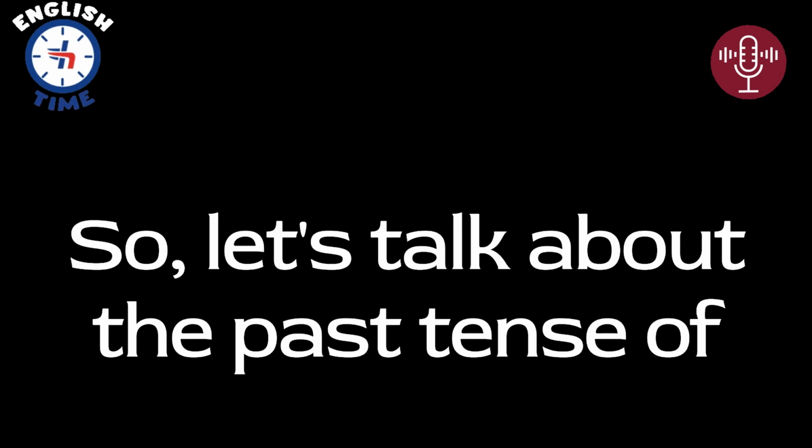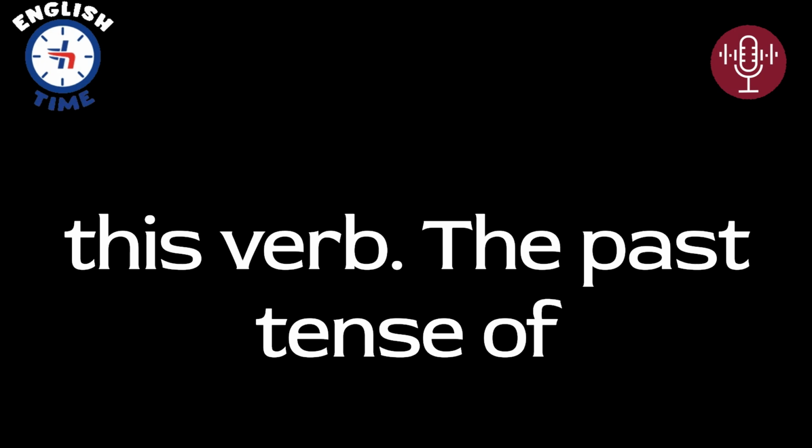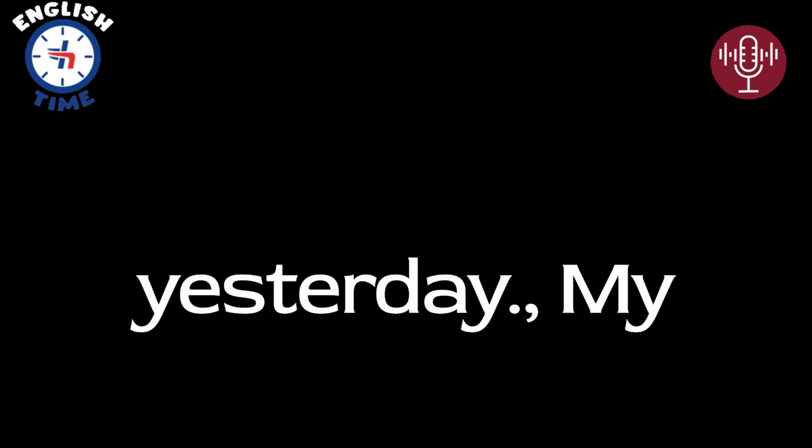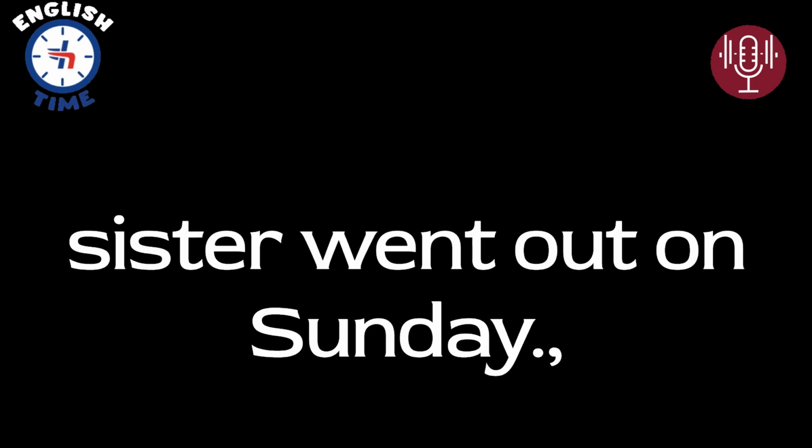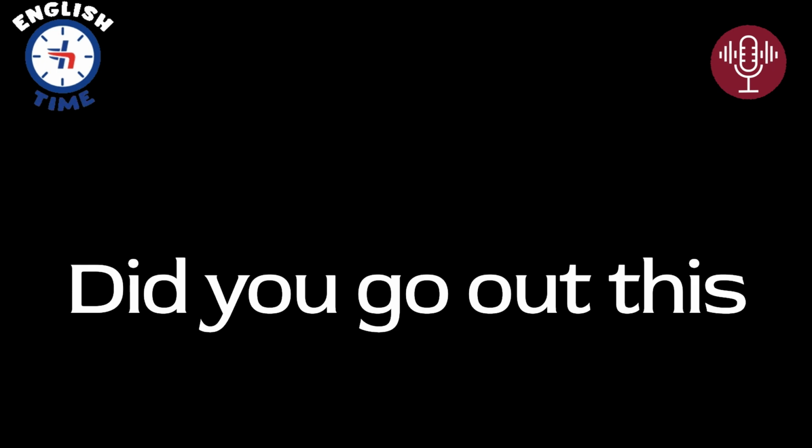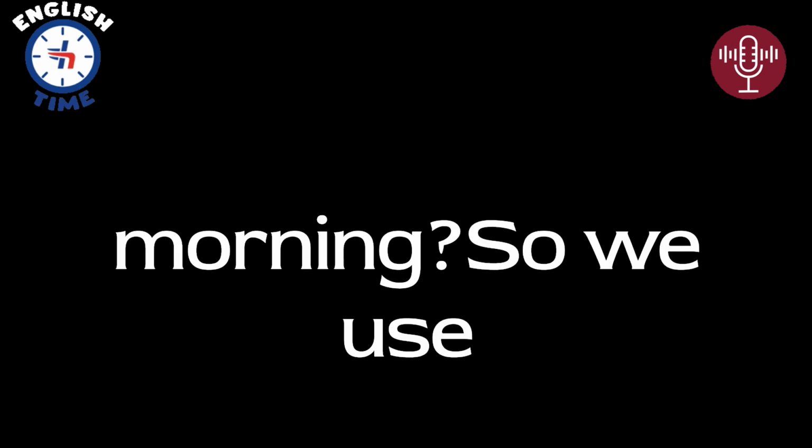So let's talk about the past tense of this verb. The past tense of go out is went out. I went out yesterday. My sister went out on Sunday. Did you go out this morning?